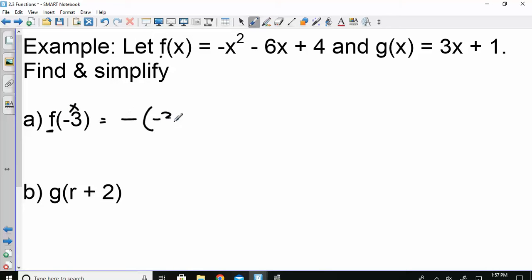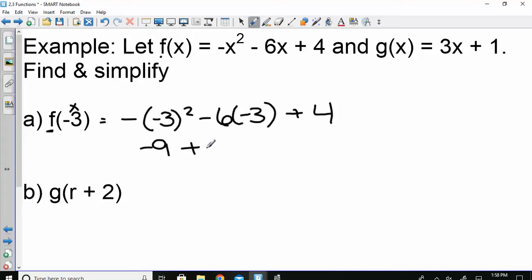So we have the opposite of -3 squared, minus 6 times -3, plus 4. Alright, so -3 squared is 9. Opposite would be -9, plus 18, plus 4. And I get out 13.